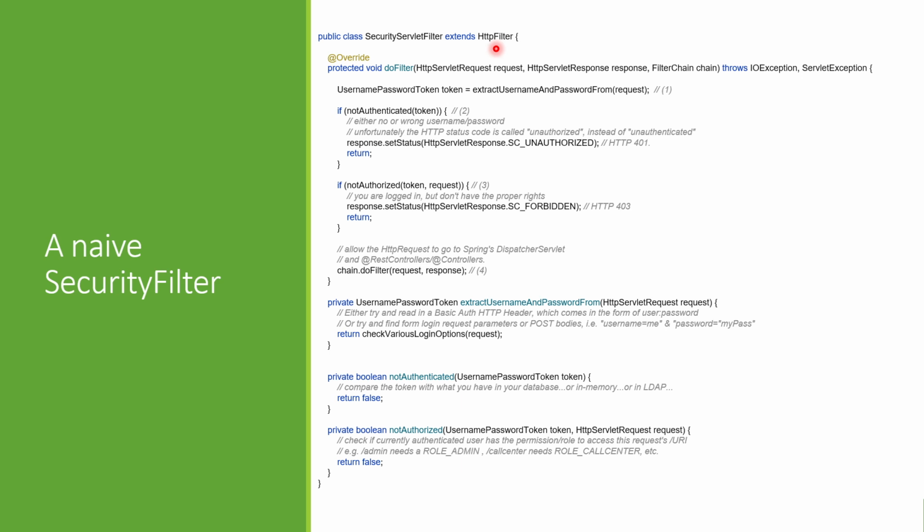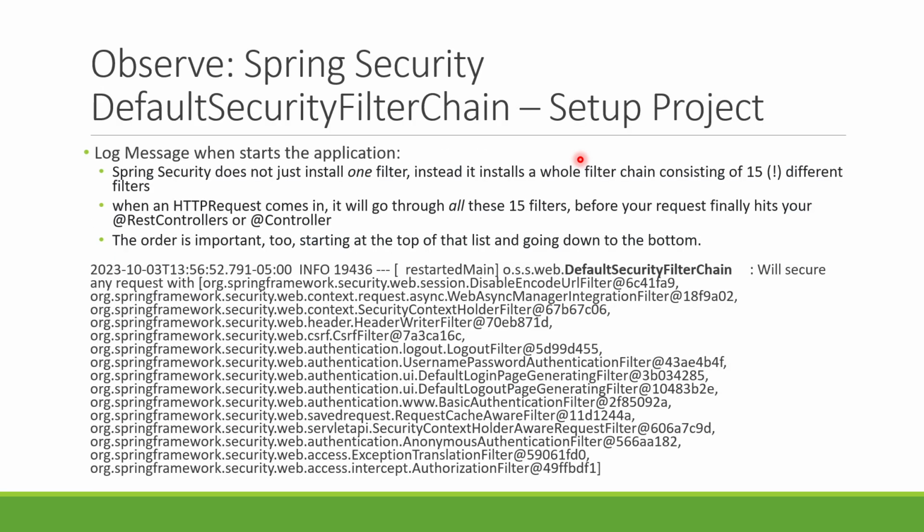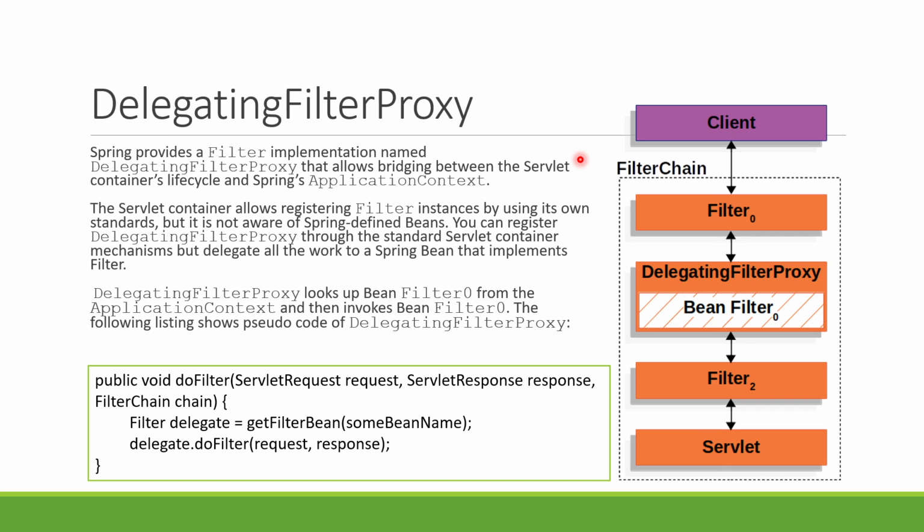Only Spring knows Spring beans, and that is a problem, which means there is a gap between the Tomcat filter instance and our Spring beans. So Spring solves it using something called a delegating filter proxy. Spring provides a filter implementation named delegating filter proxy that allows bridging between the servlet container's lifecycle, which is Tomcat, and Spring's application context.